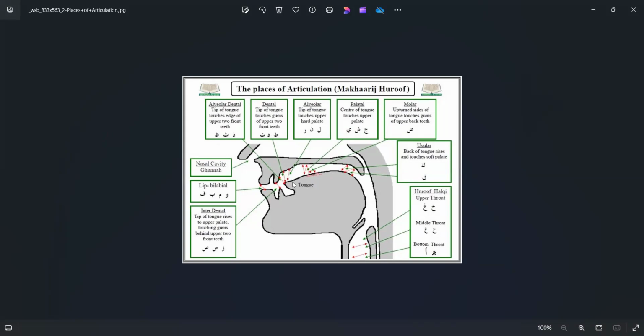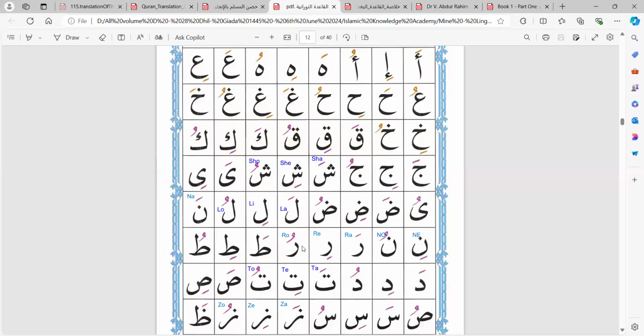So here we use the tip of the tongue to touch the gums of the upper 2 front teeth. So we produce the 3 letters with the tip of the tongue.